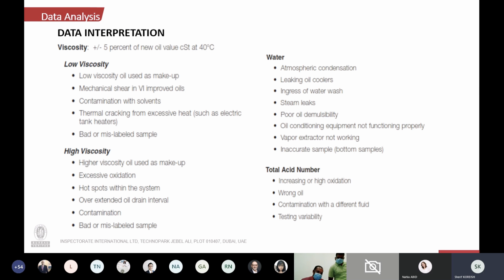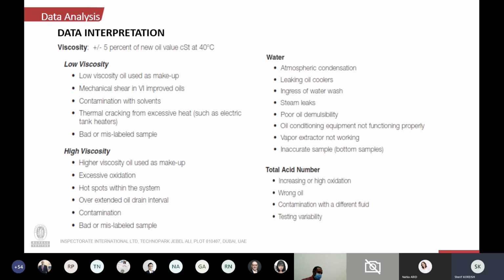After the results are produced, there is data interpretation for cause and effect, and what to do as well. So we provide you with probable causes for such change in the oil, and recommend certain actions, for example resampling, topping up, draining down 25% of your oil and topping up with another 25% of fresh oil, and so on and so forth, or ask you to change the oil or increase the frequency of testing.